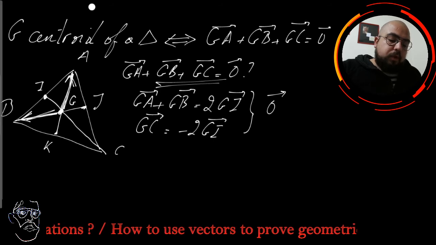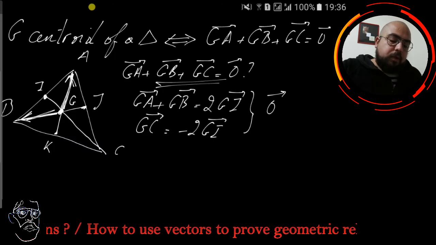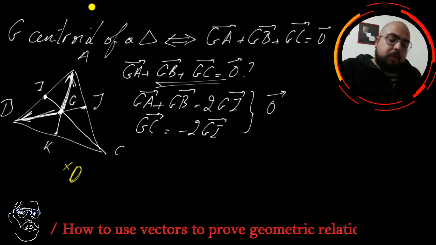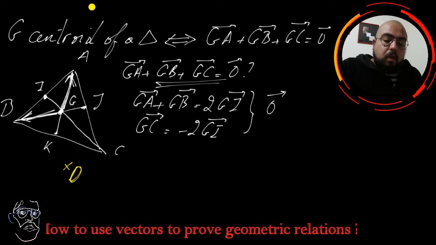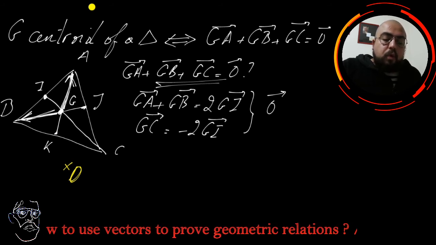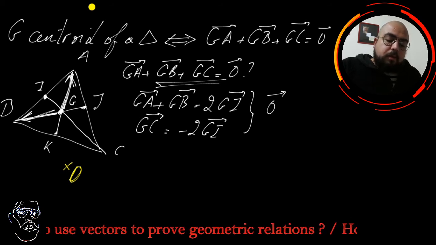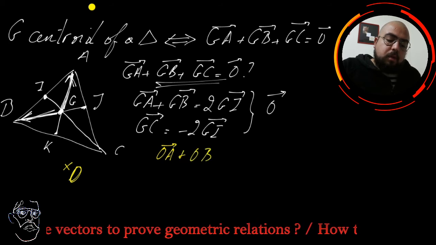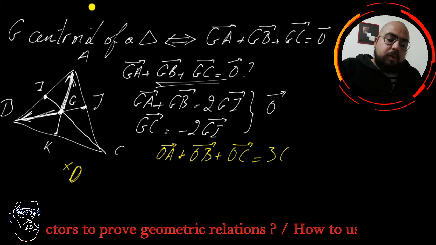Now what happens if I choose a certain point from the plane at any position? Let's say this is O, a certain point O. When the point O belongs to this plane, I can say that OA plus OB plus OC will be equal to 3 times OG.